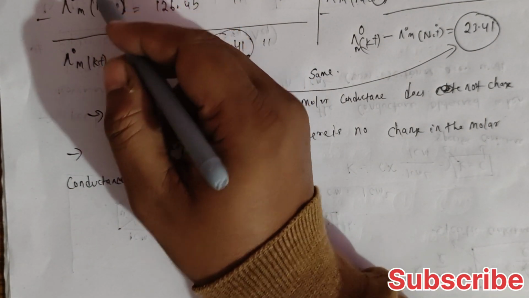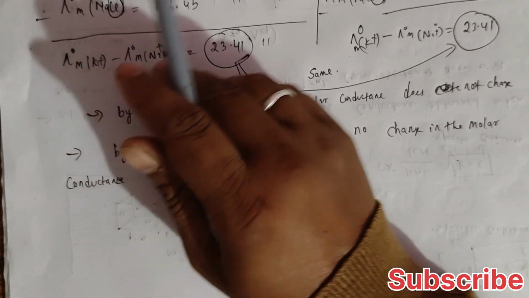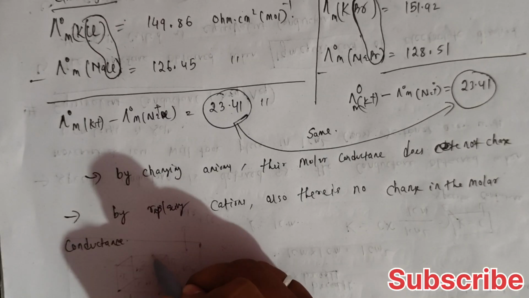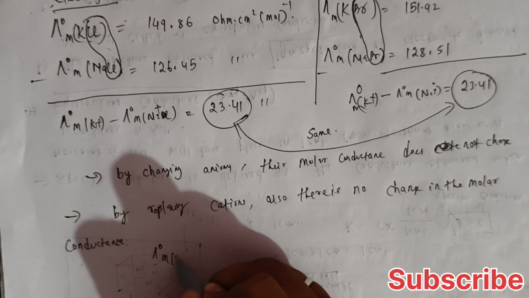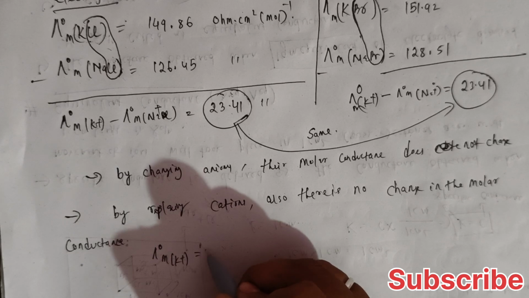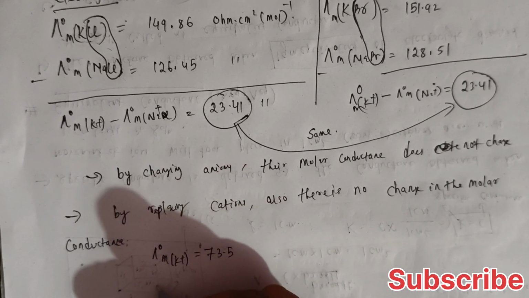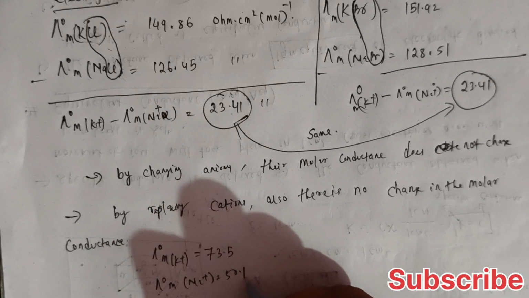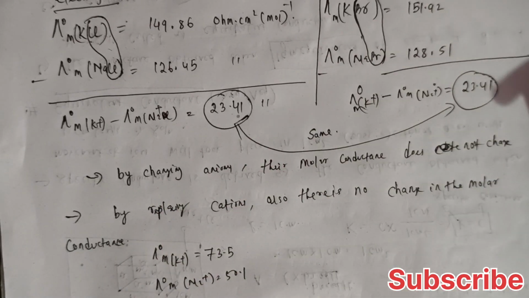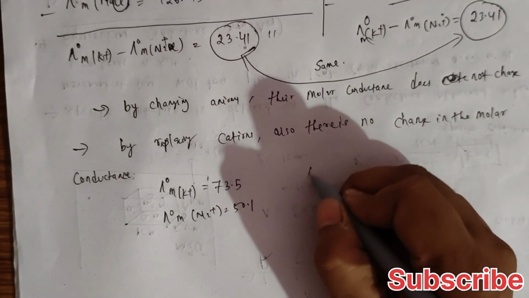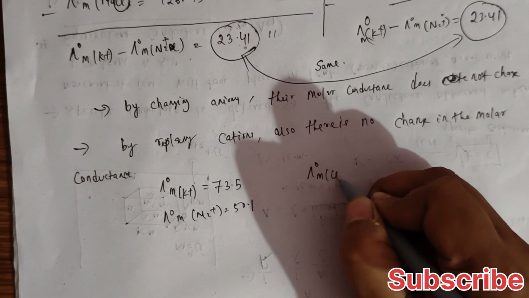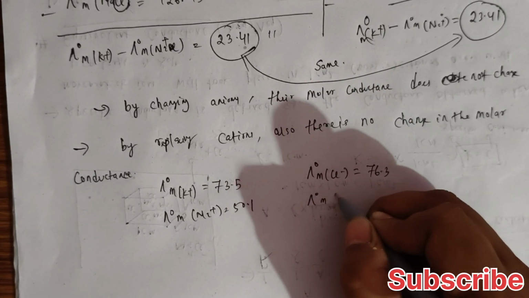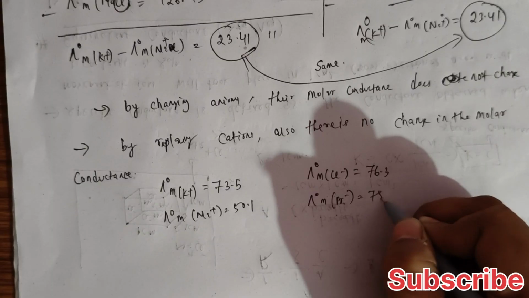Here individual conductance lambda naught m of K plus is 73.5, whereas lambda naught m of Na plus is 50.1. Are you all getting my point? We can take anions also: lambda naught m of Cl minus is equal to 76.3, and lambda naught m of Br minus is equal to 78.1.